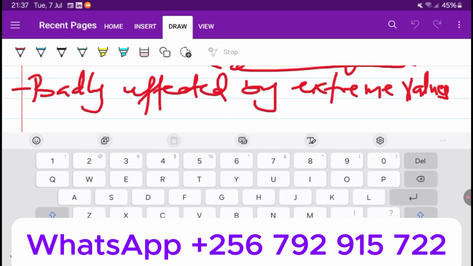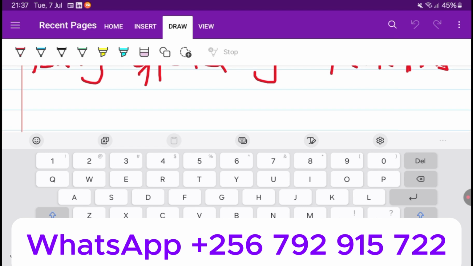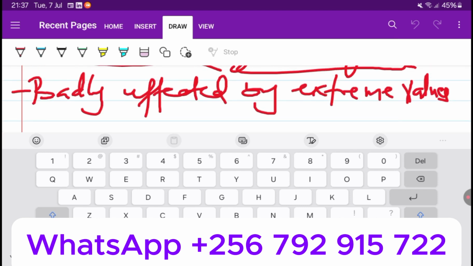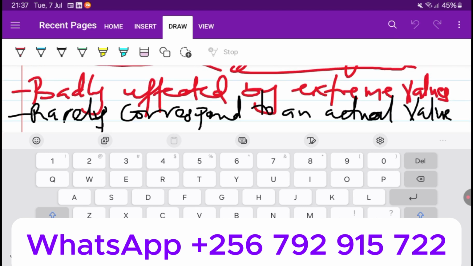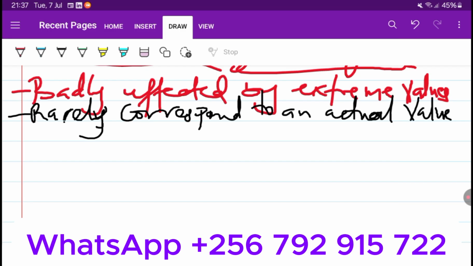Because when you are computing the mean, you add up all values and then you divide, you count how many are they, maybe there are 20 numbers, then you sum up all the numbers and then you divide by their number. So you find that these values are not going to correspond to the values that we have in the data set.